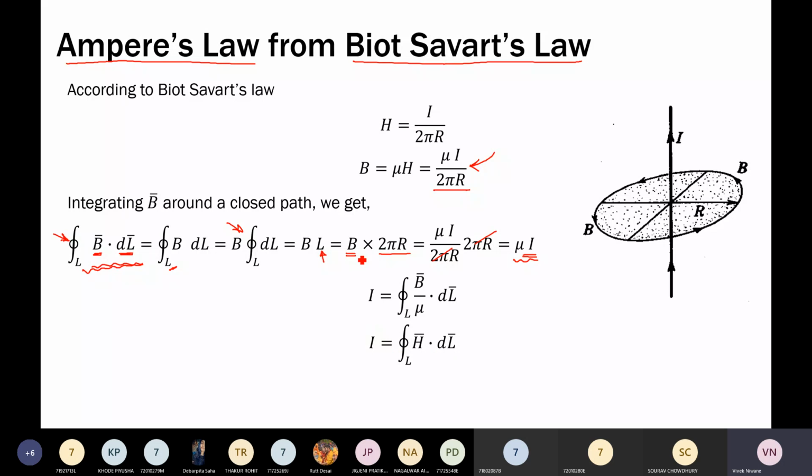So this is how we started with the Biot-Savart's law, applied the mathematics, and ended up with the same expression: I is equal to the closed loop integration of H bar dot DL bar.